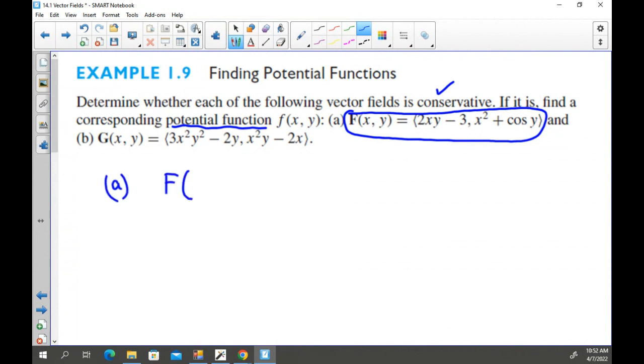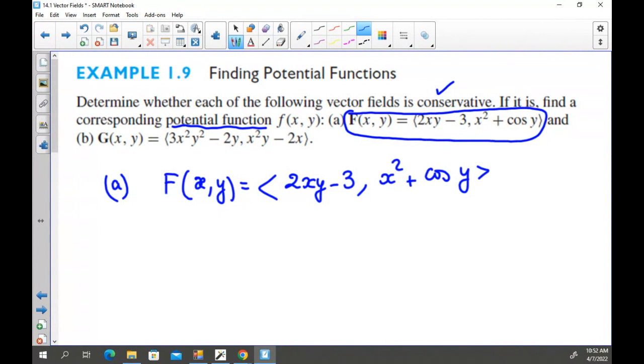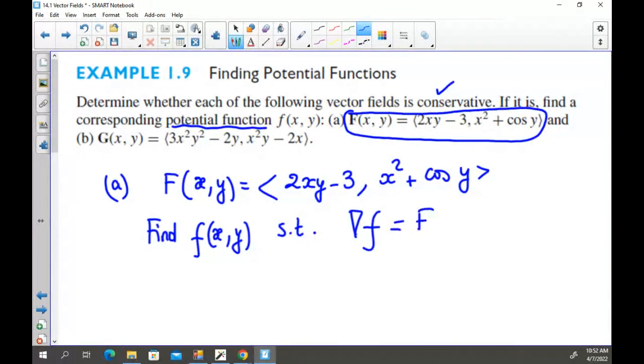So here is our vector field. F of x, y is the vector 2xy minus 3, x squared plus cosine y. What I want is to find a function f of x, y such that the gradient of f is this vector field that they gave us.